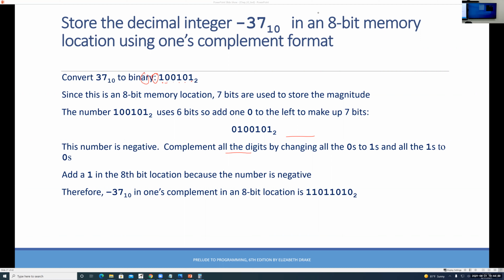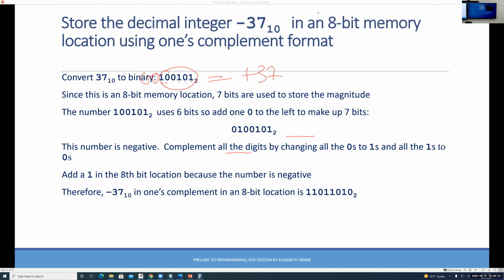You have 0 here. That is a positive 37. But in the case of negative here, you convert everything here. You have 1, 0, 0, 1, 0, 1. If it's a negative number, you have to flip it. You have to convert everything from 0 to 1 and 1 to 0 here.